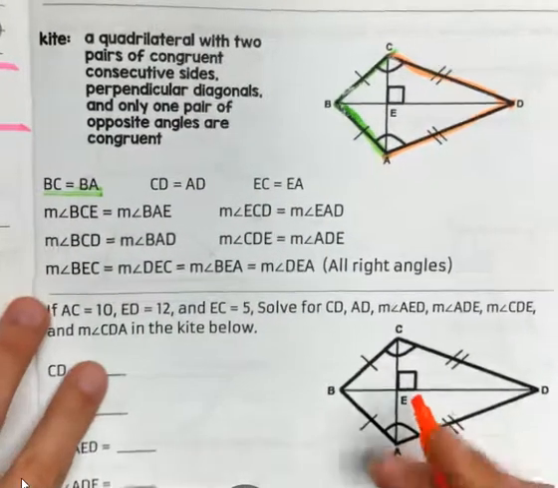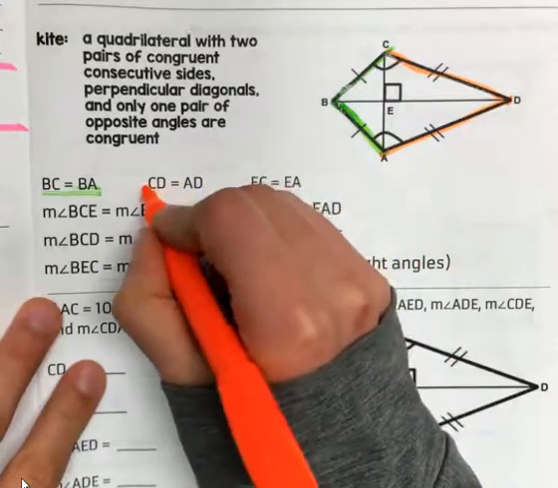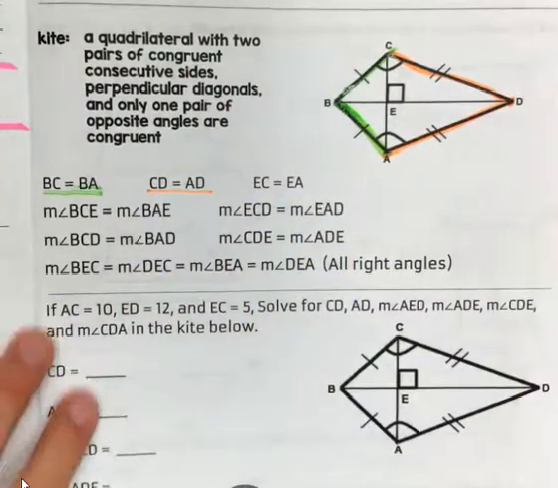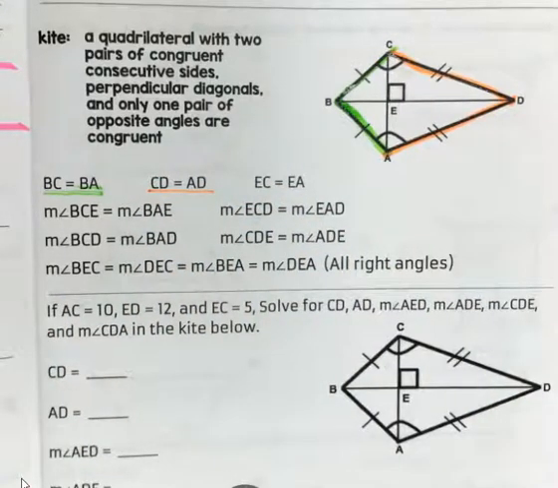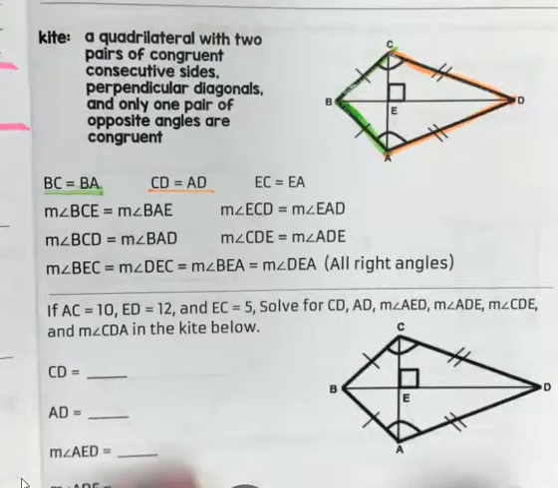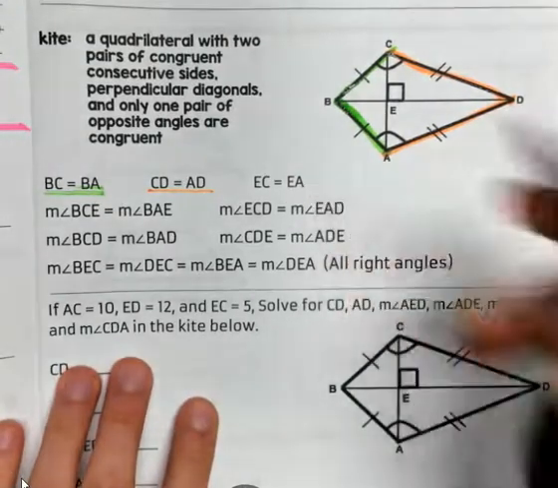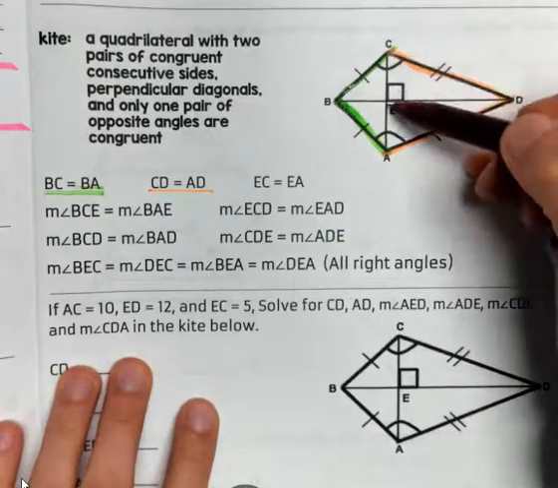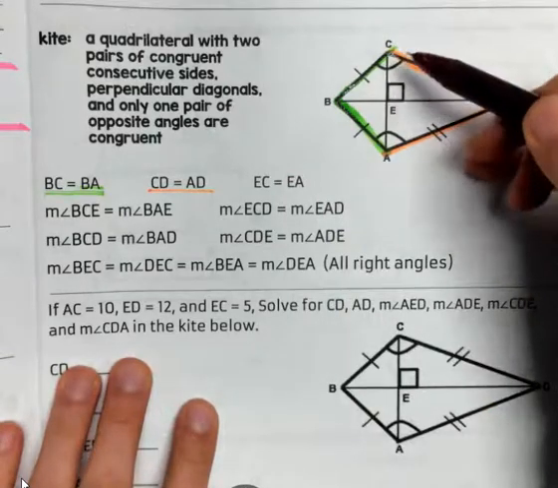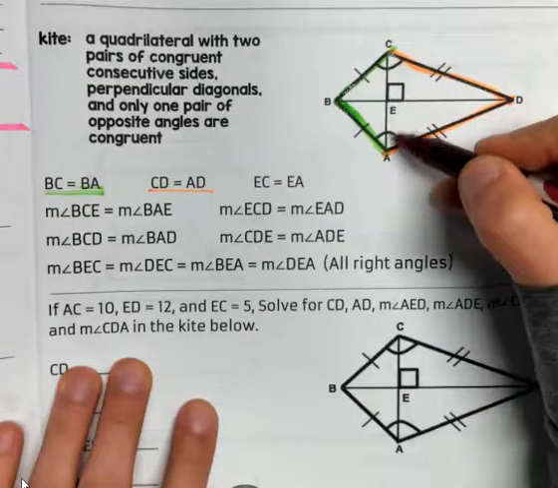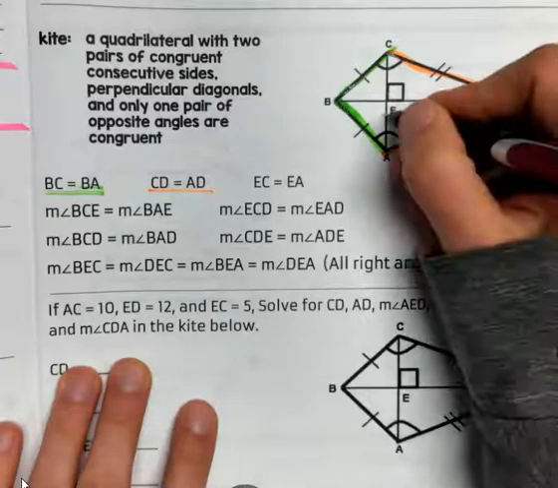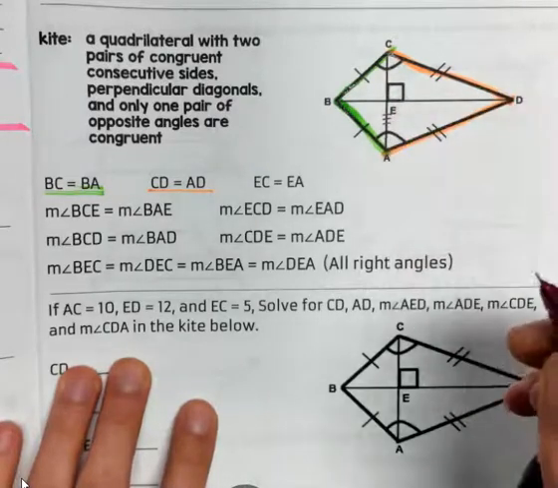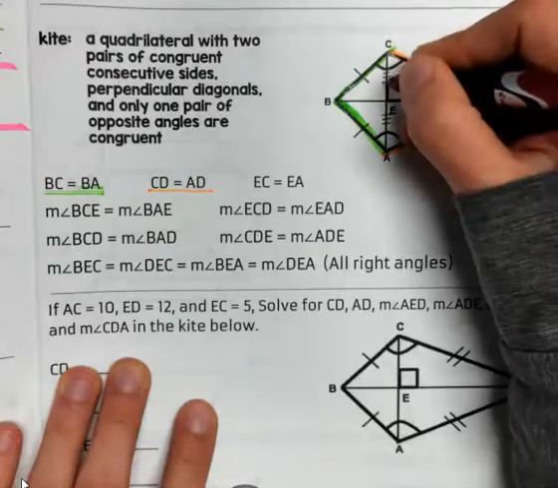We've got that in our orange, and then EC is equal to EA. So EC, that's on the inside here, is equal to EA. All right, so I'm going to go ahead and put a triple tick mark there to remind myself.